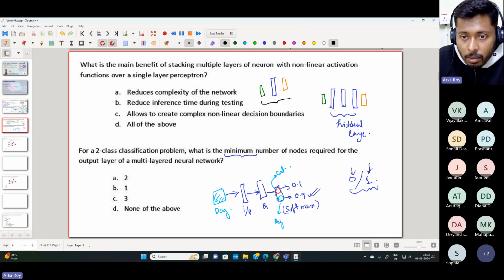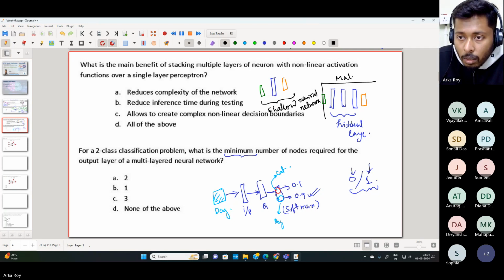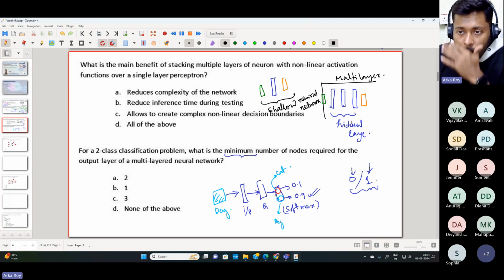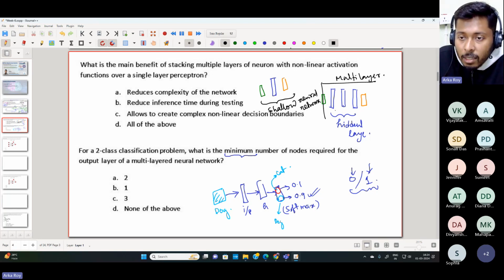This is a shallow neural network. And this is the multi-layer version, because you can see that a stack of layers has been introduced between the input and output layer. Whereas in this particular case there is only one hidden layer, so this is a very shallow network.